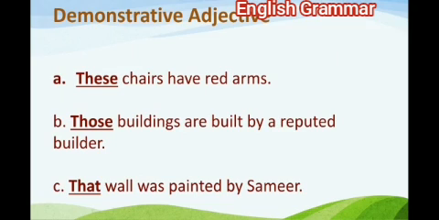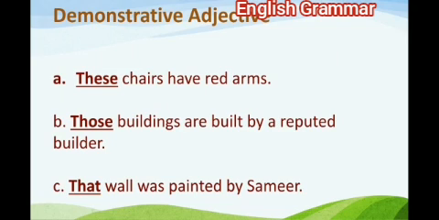Those buildings are built by a reputed builder. And that wall was painted by Samir. Now I want you to know that this, that, these, and those are demonstrative adjectives.